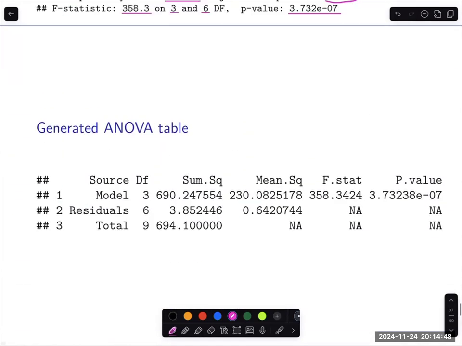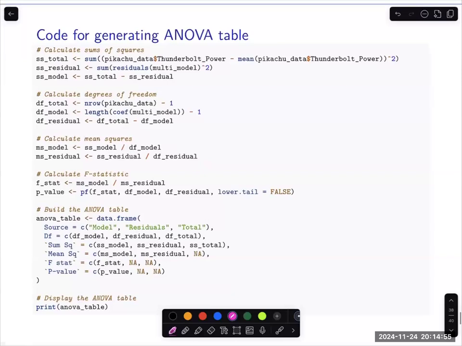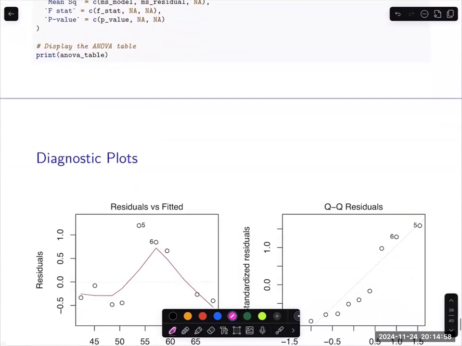That means our model can explain a much larger proportion compared with the unexplained part. And this will be the code for generating an ANOVA table.